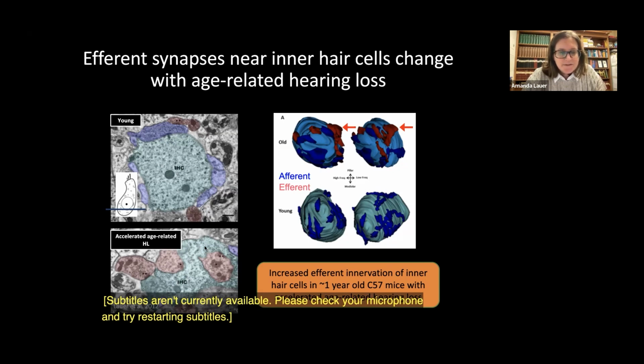First of all, the inner hair cell is kind of shrivelly and not super healthy, not really a surprise with an aging hair cell. But surprisingly, there were these huge efferent synapses formed directly with the inner hair cells that we just did not see in the young animals.